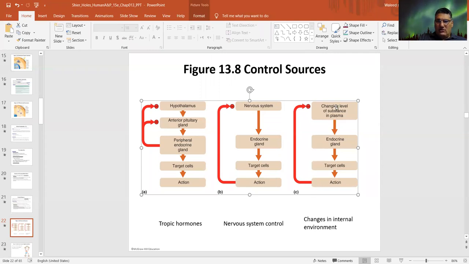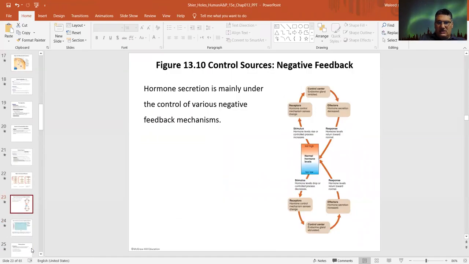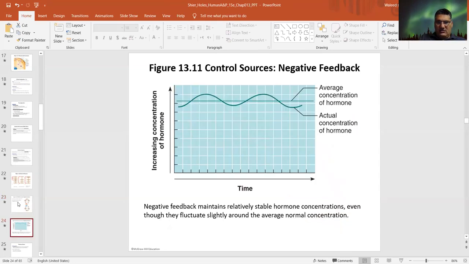Hyperglycemia is going to go all the way, changing the composition of the plasma, and this is going to affect the endocrine glands and it's going to respond by either increasing or decreasing. So this is a normal hormonal level. If it is too high, you're going to bring it back down. If it goes down, you'll bring it back up. So this is the homeostasis of the hormone itself, combining both the positive and negative feedback, whether you're going to increase or decrease the secretions.